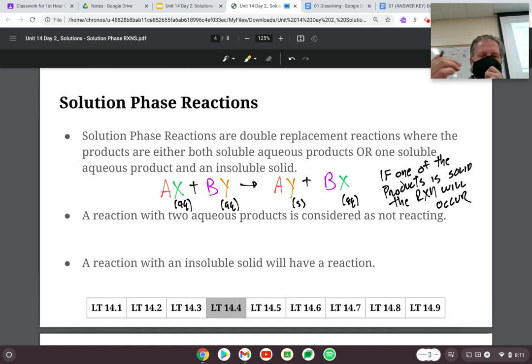If you have one of the products being a solid and the other one being aqueous, then the reaction does occur. That's the important thing we're going to have to keep track of as we start using our solubility rules on the new periodic table that I just gave you.